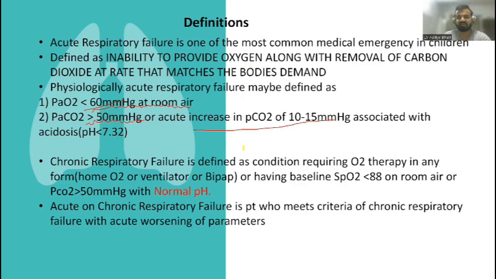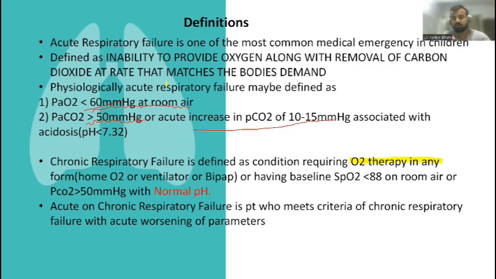And chronic respiratory failure is defined as a condition requiring O2 therapy in any form, even at home. Where would you give a patient O2, ventilator or BiPAP at home? It is usually associated with conditions like spinal muscular atrophy or GBS, where there is neurogenic involvement and progressive failure. Interstitial lung disease usually does not occur in children because it takes time to develop.